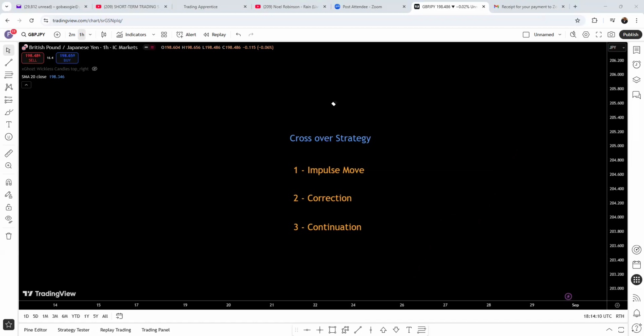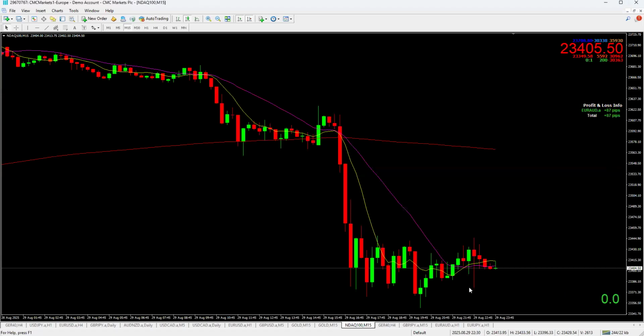Okay, let's switch. Okay, so this is Nasdaq. We might as well start here on Nasdaq, since it's one of the trades that some of us do trade.